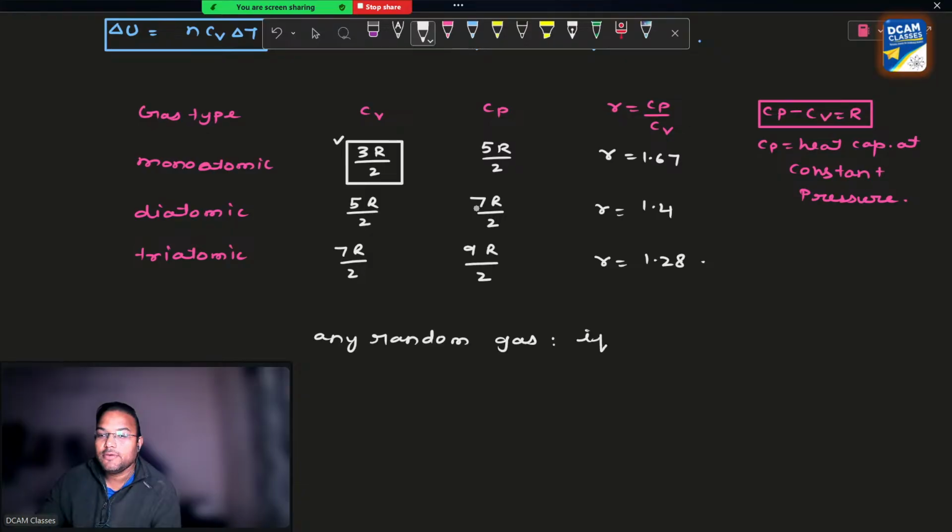If degrees of freedom are given, do you know what is degree of freedom? Haripriya, Kanishka?